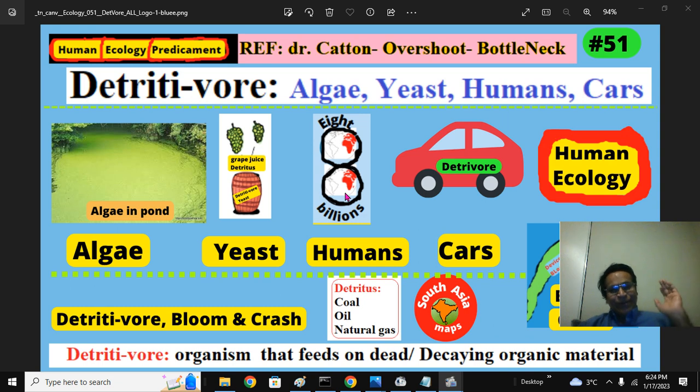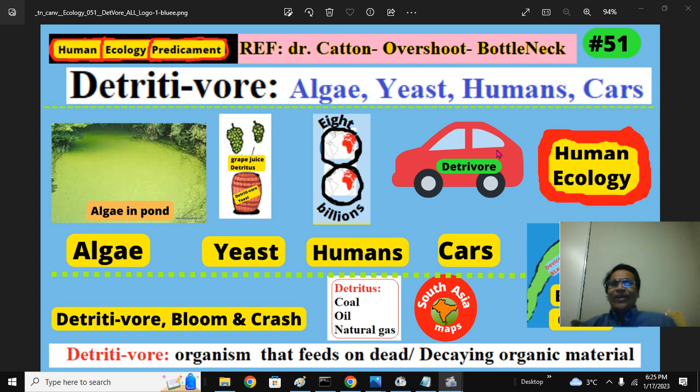Modern humans, consuming food of industrial agriculture, are essentially detritivores. Cars are also detritivores. Once manufactured, in order for the car to survive and run, they require the detritus base. This is the detritus base. Even if you run the car electrically, still the energy has to come from coal.